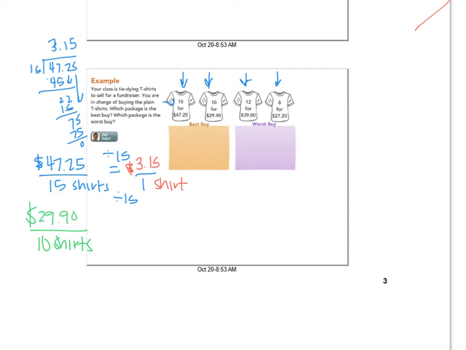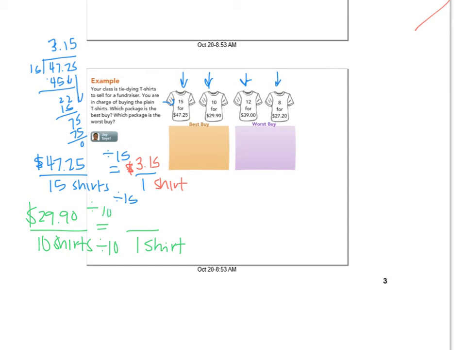Now we need to see how much it'll be for one shirt. Since I have to have one shirt at the bottom, I know that I have to divide by 10. Whatever I divide by on the bottom, I have to divide by 10 on the top as well.